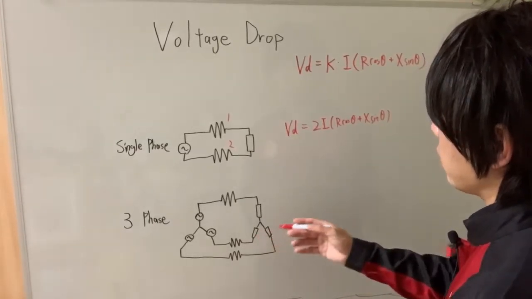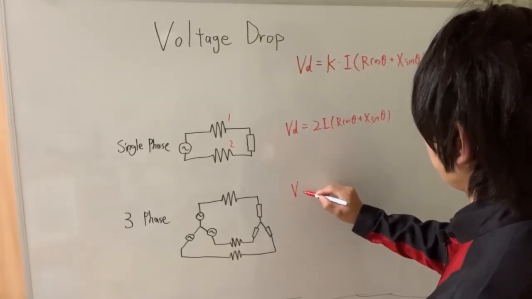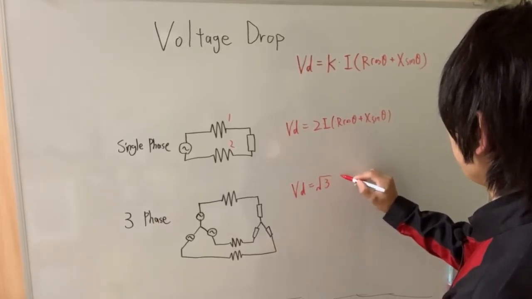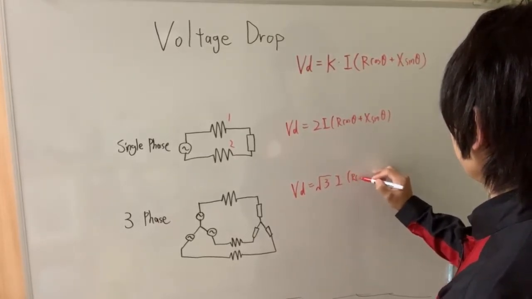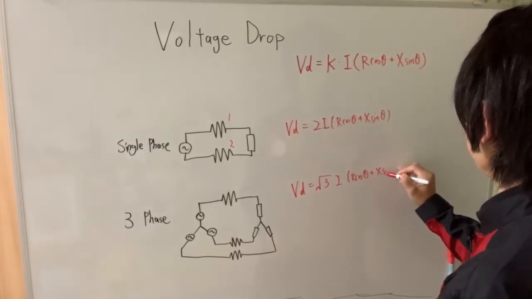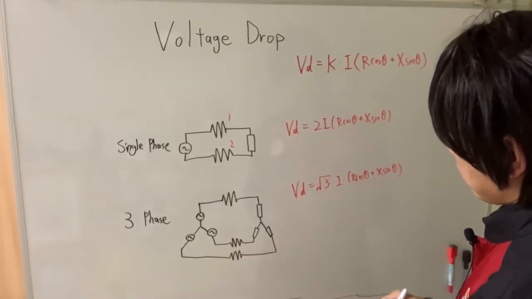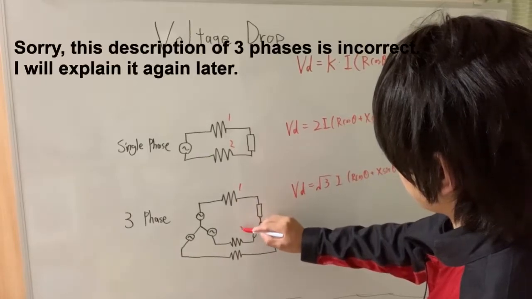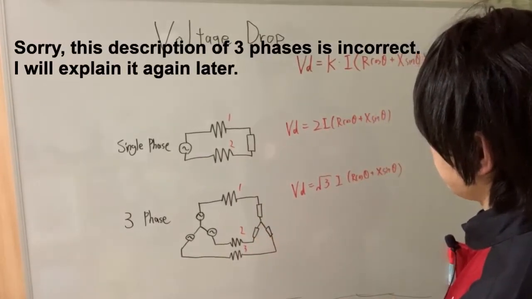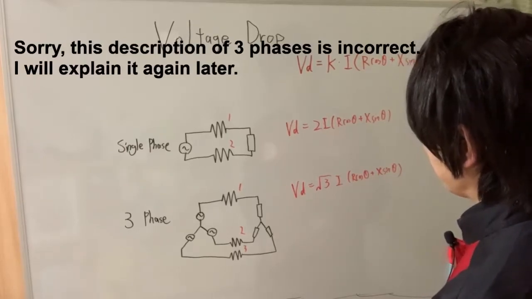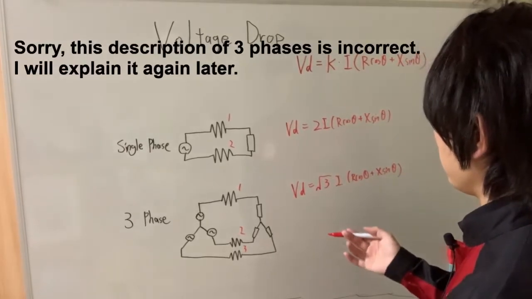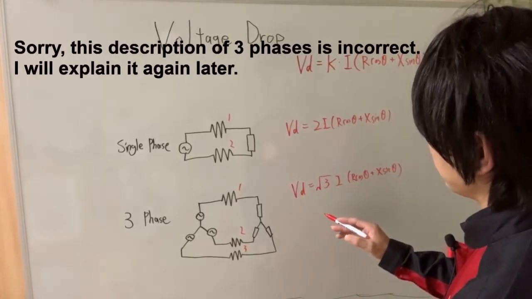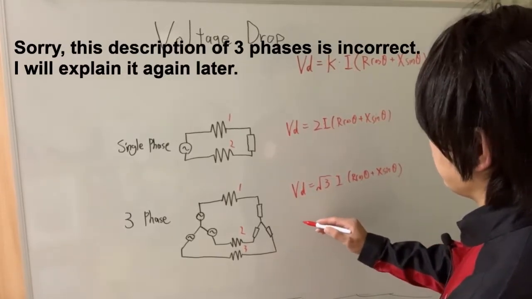And on the other hand, in the three-phase circuit, we need to multiply the square root 3. And here also there are the impedances 1 and 2 and 3 points. But we need to be careful about the difference in the types of the voltage.